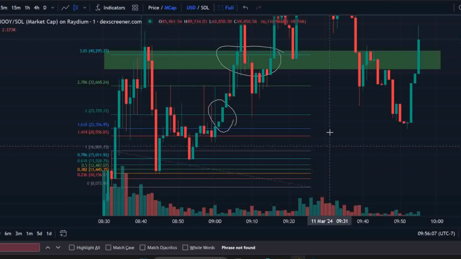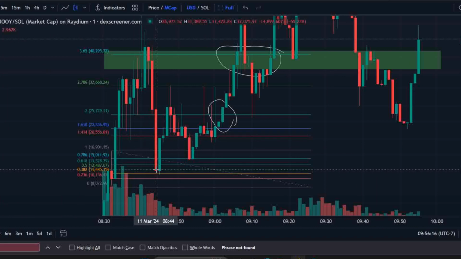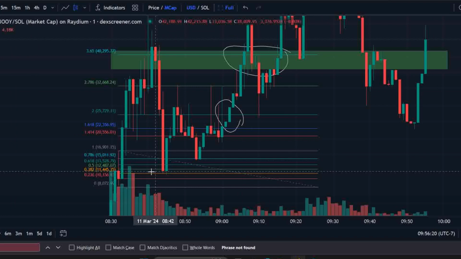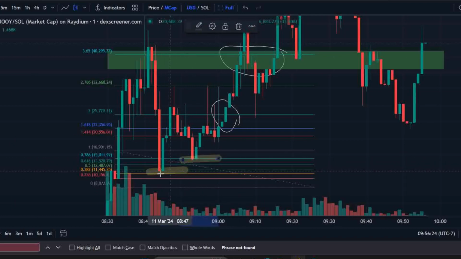But the other thing you want to track when it's a sell-off, you really want to see it finding supports on the Fibonacci lines. You see how it's going up like a staircase, so that's a really good sign.